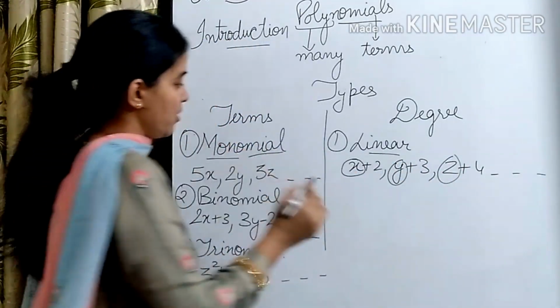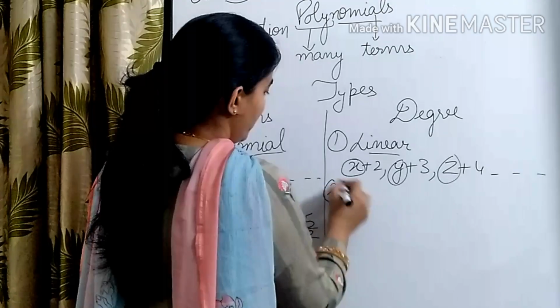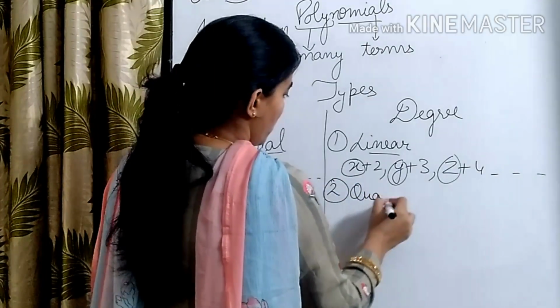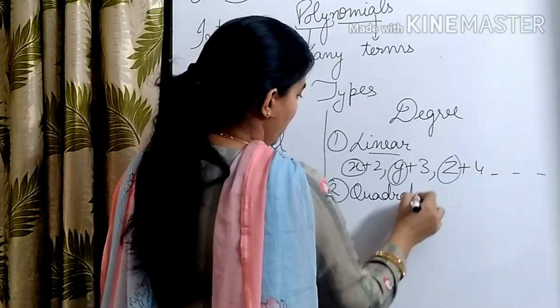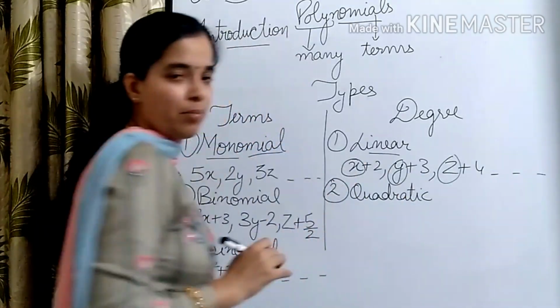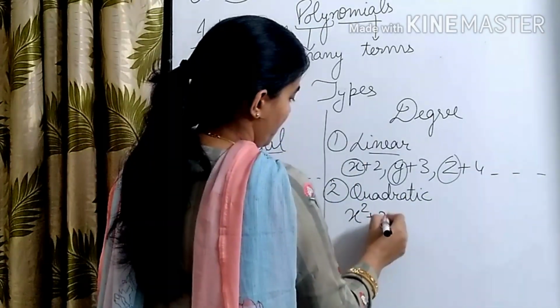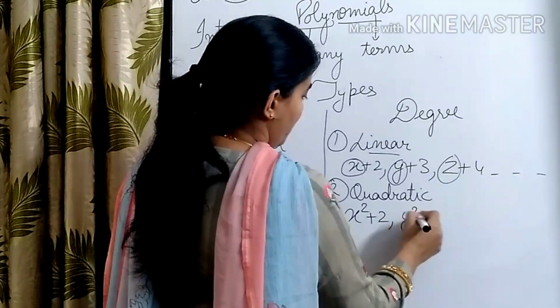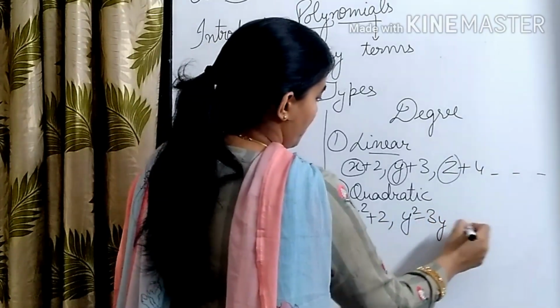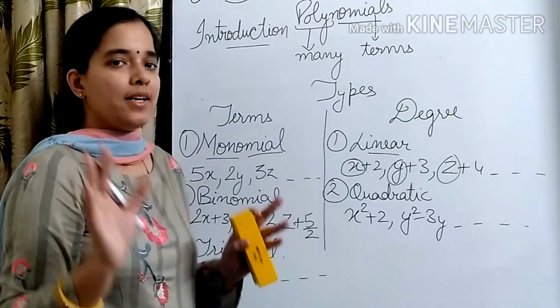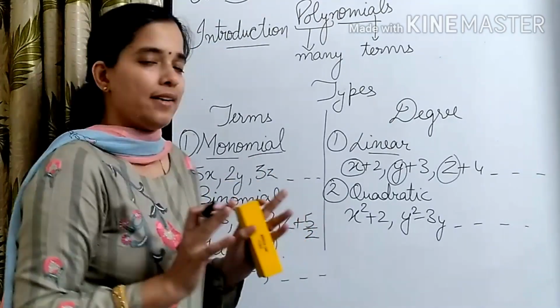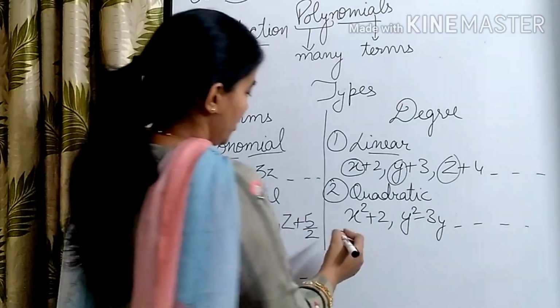So it is linear polynomial. Second one is quadratic polynomial. Quadratic polynomials where the degree is 2, like and so on. Where the degree is 2, we can say that it is a quadratic polynomial.